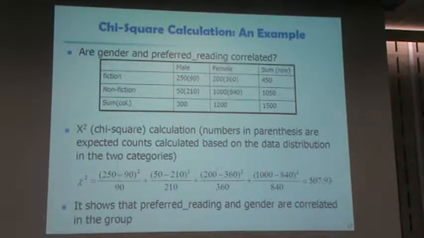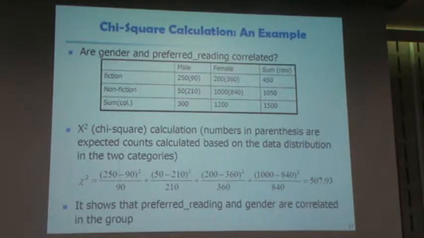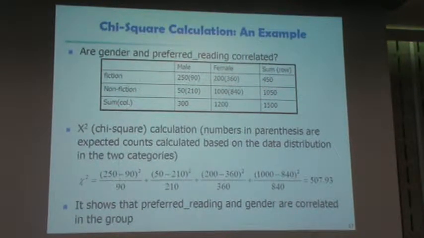So the expected values are 90 and 360, which is 1 to 4, and 210 and 840, which is also 1 to 4.